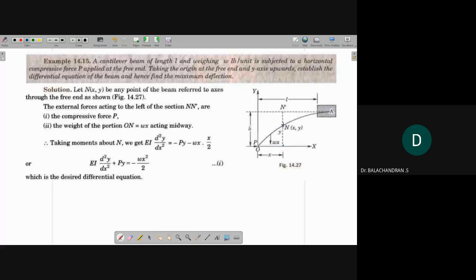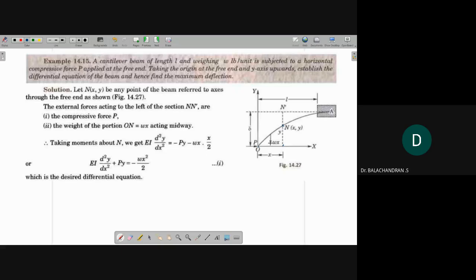The length is x, and omega is the weight per unit length, pounds per unit, so the total weight is omega x. The weight of the portion OX, omega x, acts at the midpoint, which is x by 2.